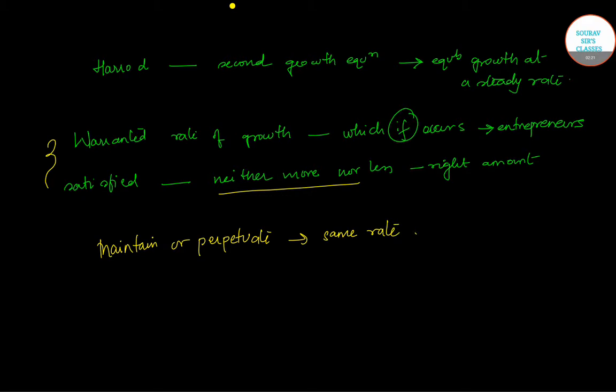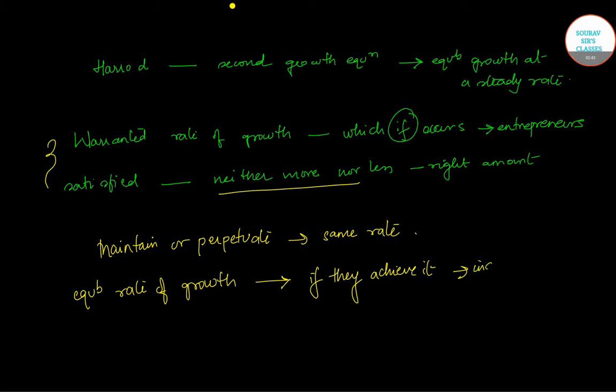So warranted rate of growth is thus the equilibrium rate of growth. How can we say that? In the sense that producers, if they achieve it, will be induced to maintain it. So this is what is important in context to the second equation.